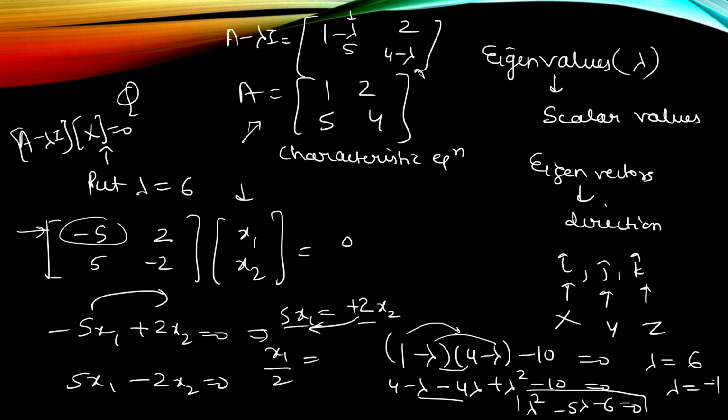You can take this 2 upwards, and then in the denominator 5. So these are your two vectors, x1, x2. These are positive, right? And then similarly, you can get it for lambda minus 1, right?